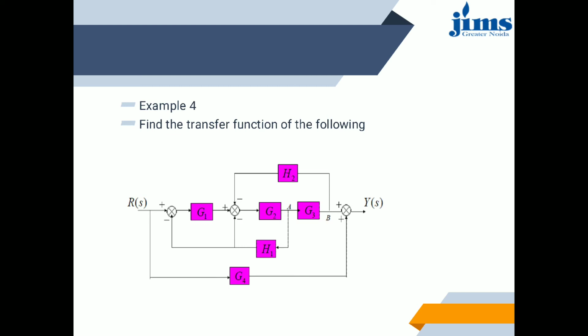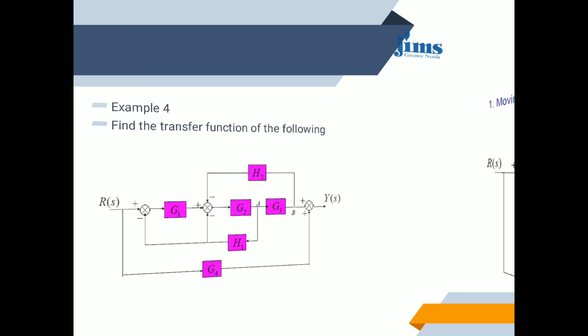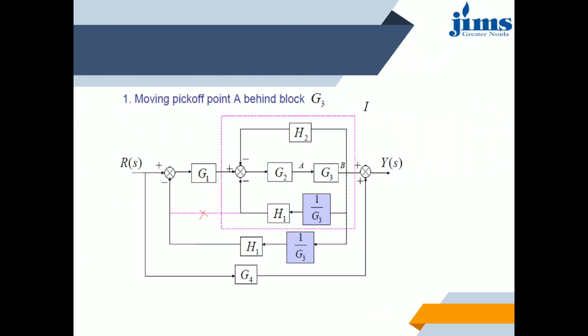So in this again we are having a reference input as R(s), output as Y(s), three system gains G1, G2, G3, and feedbacks H1, H2, and G4 is also your feedback. So here what we're gonna do, we'll move a takeoff point behind the block.